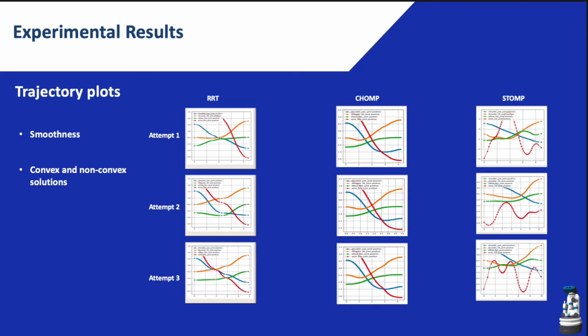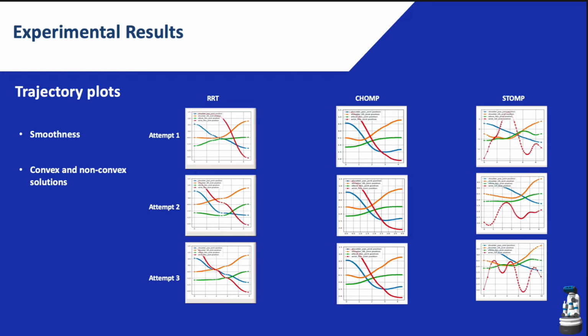Let's start with the trajectory quality. By carrying out a number of attempts of the same task using each of the three planning algorithms, as it shows in the graphs, CHOMP is consistent in generating the same trajectory in all three trials.